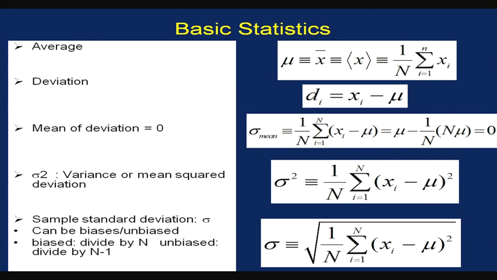The term standard deviation, which is square root of variance, is often used as a measure of uncertainty in a set of measurements.